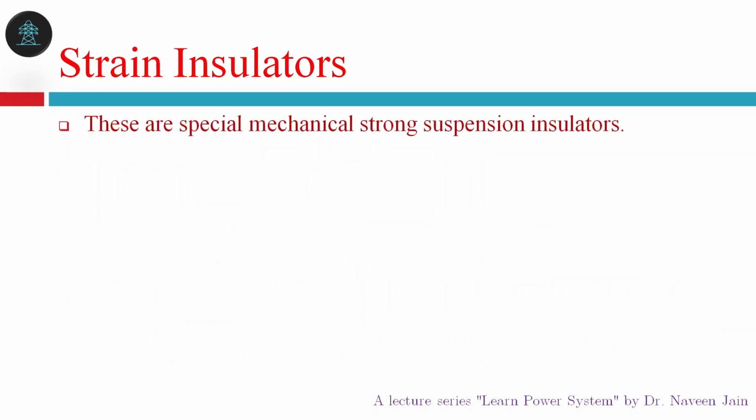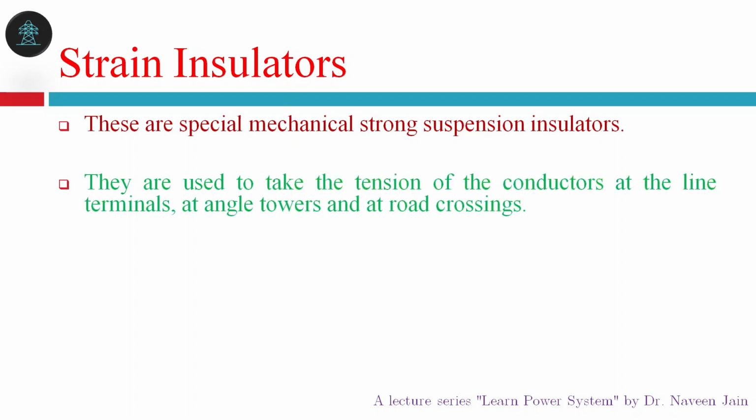Strain insulators. These are specially mechanically strong suspension insulators. They are used to take the tension of the conductors at line terminals, at angle towers, and at road crossings. The strings are placed in the horizontal plane.